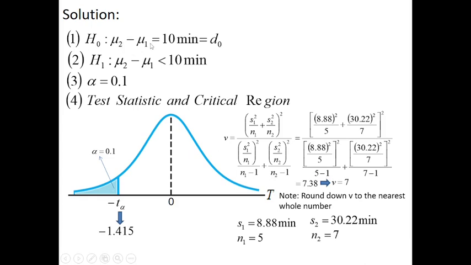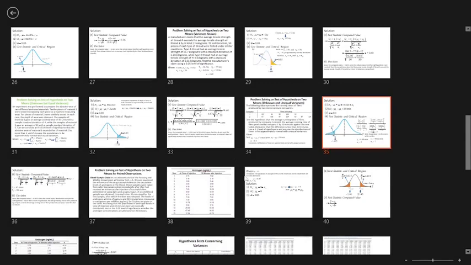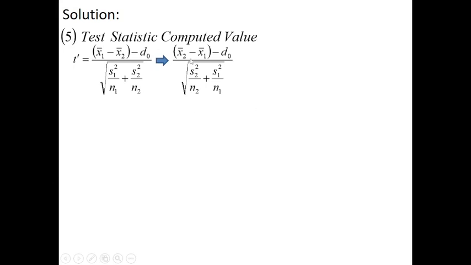So 2 comes first before 1. Therefore, this is x sub 2 bar minus x sub 1 bar minus d sub 0. So s sub 1 becomes s sub 2, s sub 2 becomes s sub 1. n sub 1 becomes n sub 2, n sub 2 becomes n sub 1.